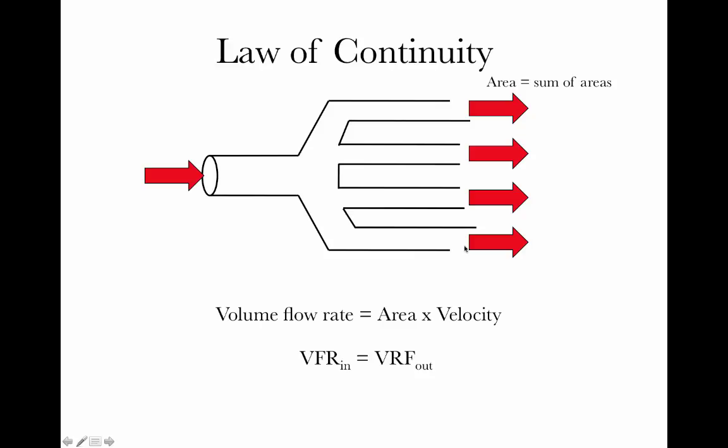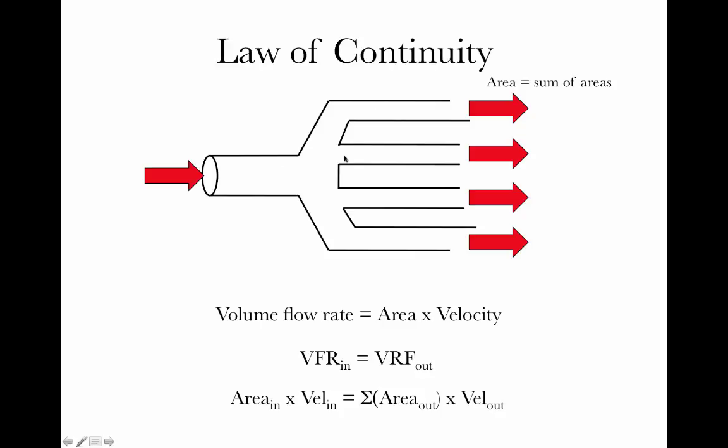So that means that the area we use for the volume flow rate coming out is going to be the sum of the cross-sectional areas of all of these little branches, all of these little pipes. So the area in times the velocity in is going to equal the sum of all the areas coming out times the velocity coming out.